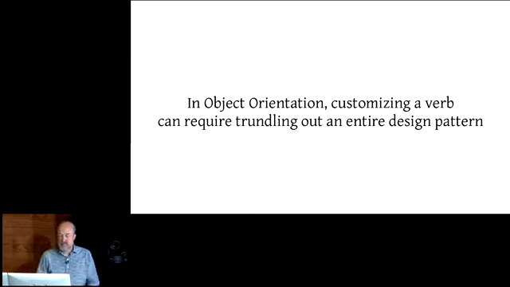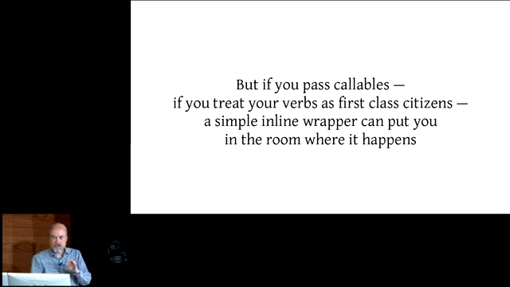In object orientation, customizing a verb, one little verb, can require trundling out an entire design pattern to wrap the object. But if you pass callables, if you treat your verbs as first-class citizens, which is one of the strengths of Python, a simple inline wrapper can put you in the room where it happens.